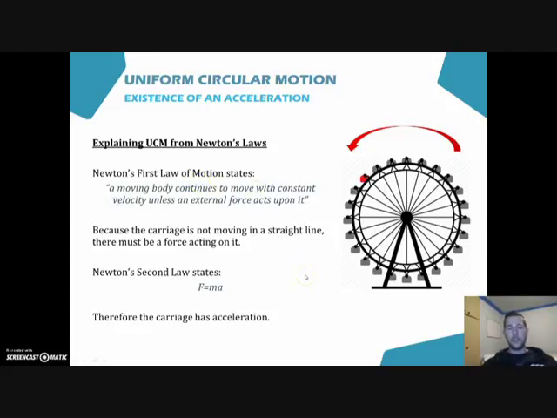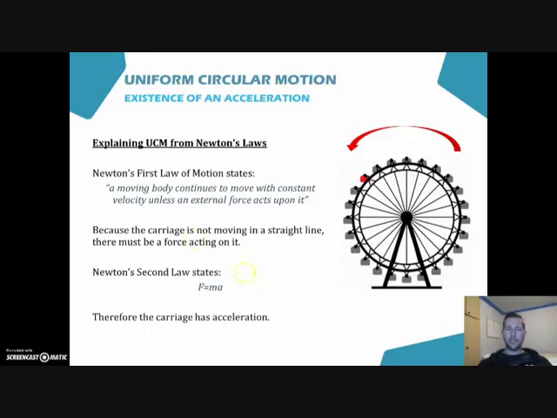Okay, previously I explained uniform circular motion from the definitions. Now I will explain it from Newton's laws. So Newton's first law states a moving body continues to move with constant velocity unless an external force acts upon it.